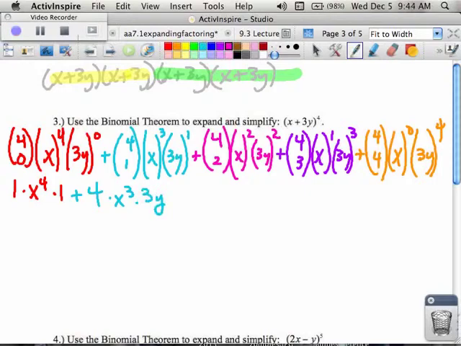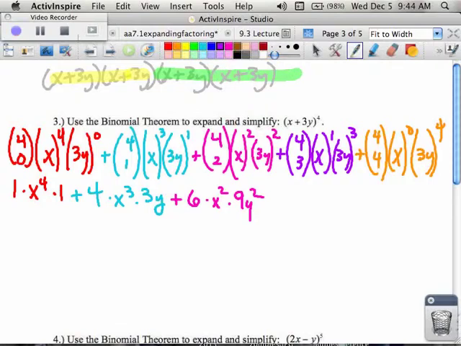In the pink, 4 NCR 2 is 6. If you type it in your calculator, I have x squared, and 3y squared means the 3 is being squared, and so is the y. So that actually means 9 y squared. In the purple, 4 NCR 3 is the same as 4 NCR 1.